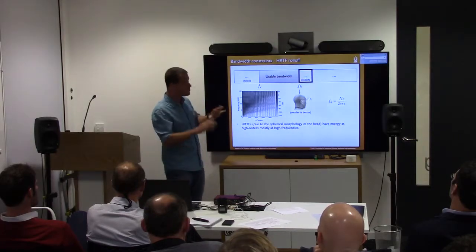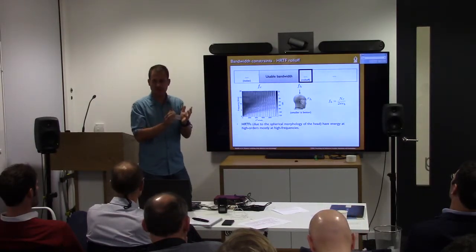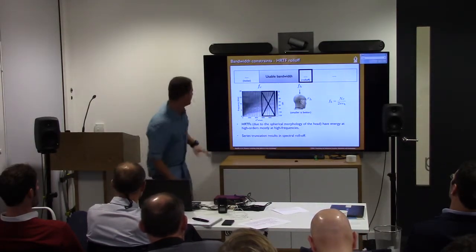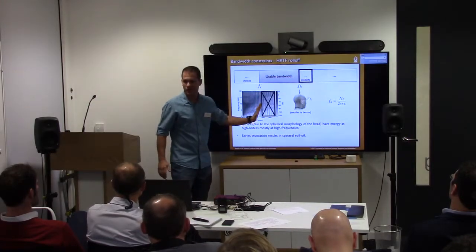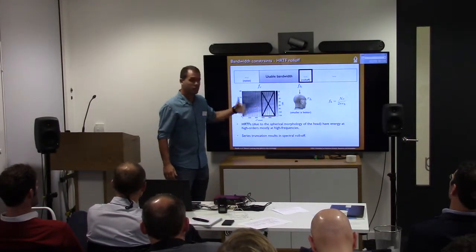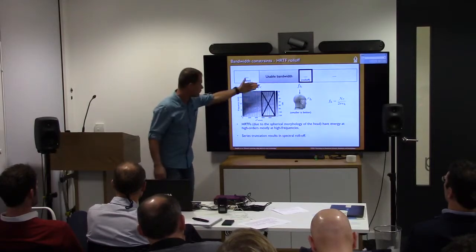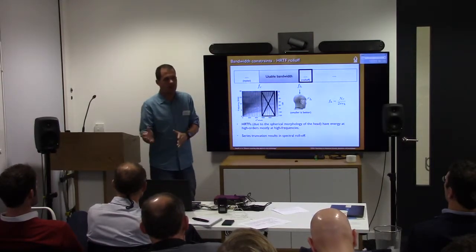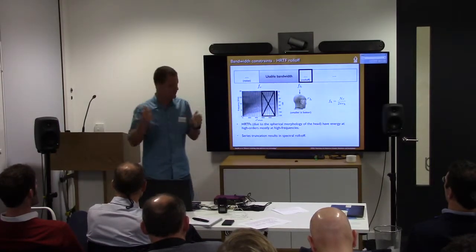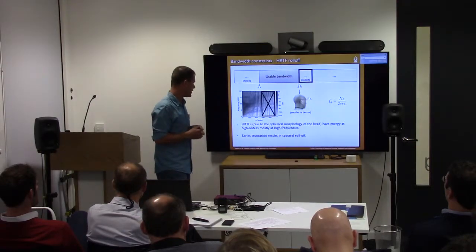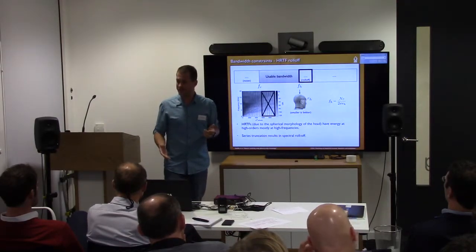So if we truncate the series, so we say, okay, we don't want these high orders, then the frequencies that are going to suffer the most are high frequencies, because at low frequencies, these Bessel functions have low energy anyway. And that creates a spectral low-pass effect.